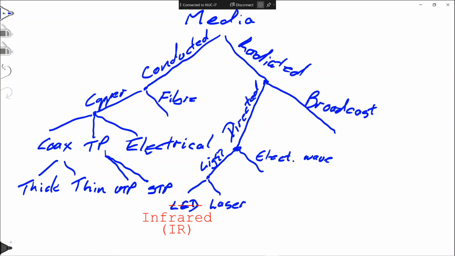In terms of electromagnetic waves, we have our microwave option.